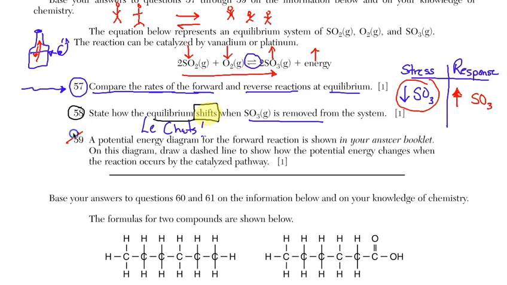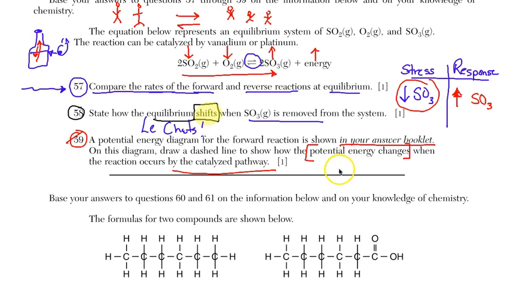Number 59. Woo. A potential energy diagram for the forward reaction is shown in your answer booklet. So we're going to have to go there. In this diagram, draw a dashed line to show how the potential energy changes when the reaction occurs by the catalyzed pathway. Okay, this is a loaded question because the potential energy of the reactants and products will never change with a catalyst.